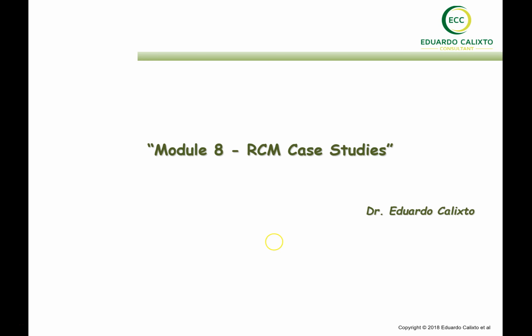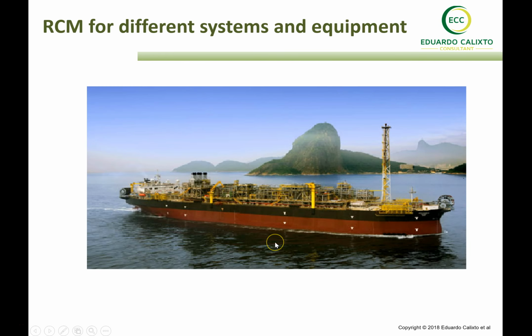Okay, so again, the RCM is applied for different systems and equipment. As we already discussed, one of the main challenges is sometimes to find which are the equipment in a complex system such as this platform.